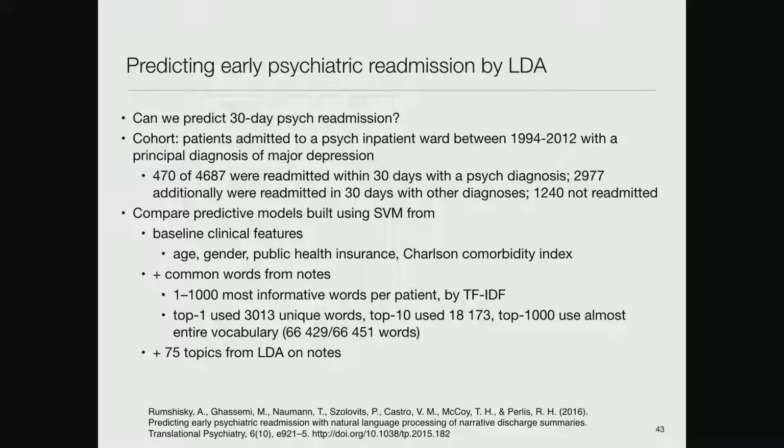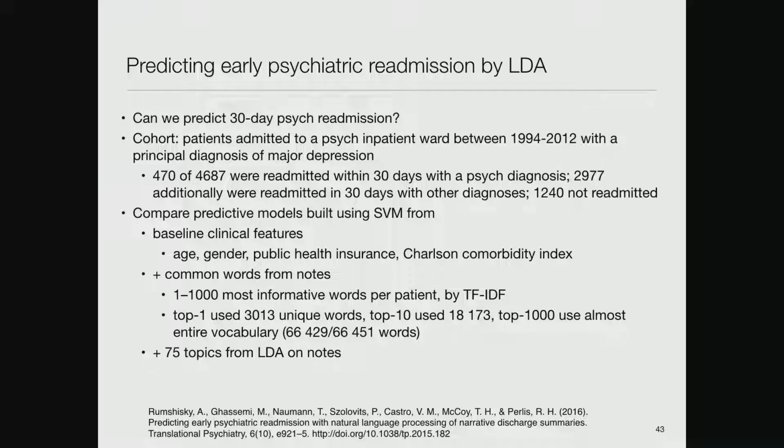So if you use 1,000 most informative words from these nearly 5,000 patients, you wind up with something like 66,000 unique words that are informative for some patient. But if you limit yourself to the top 10, then it only uses 18,000 words. And if you limit yourself to the top 1, then it uses about 3,000 words.